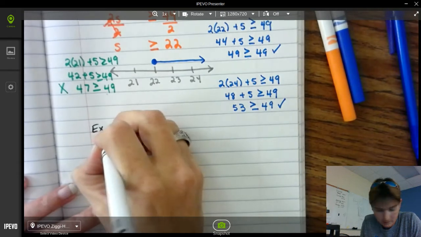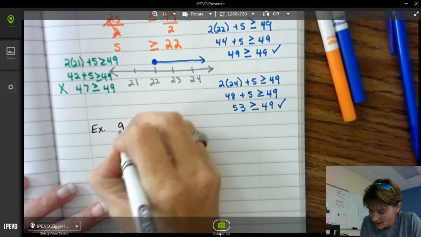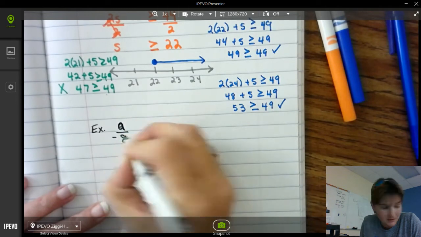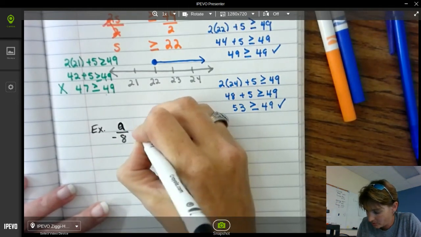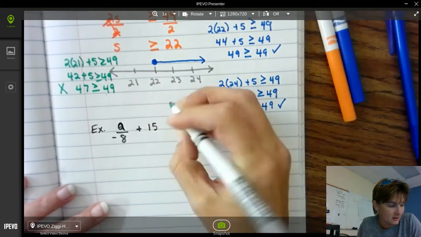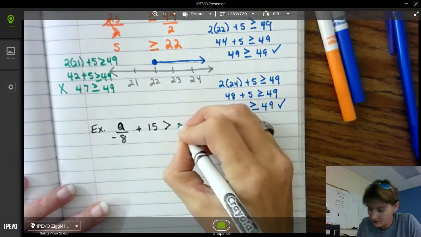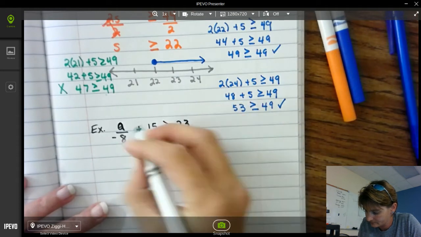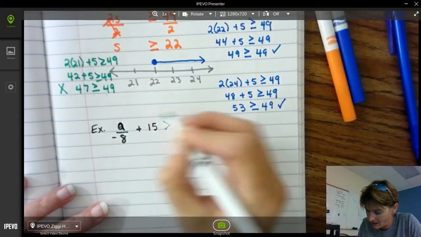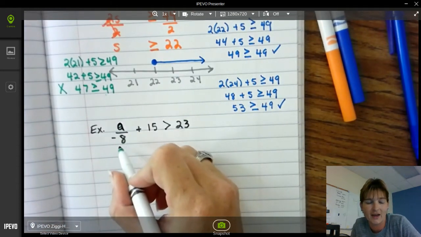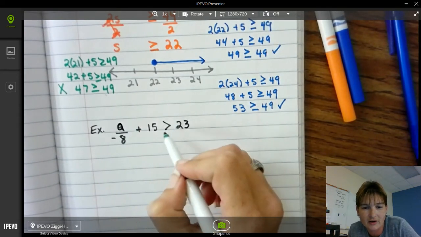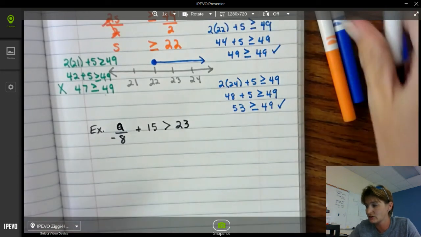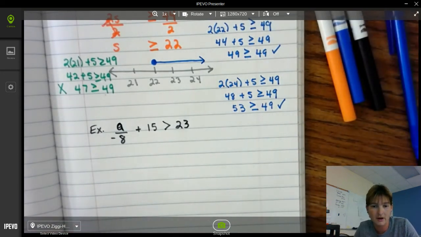is a divided by -8 plus 15 is greater than 23. So a divided by -8 plus 15 is greater than 23. Again, remember, you want to solve these as you were solving a normal equation for a.